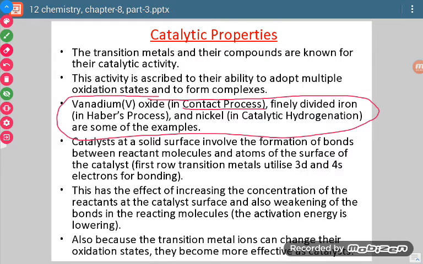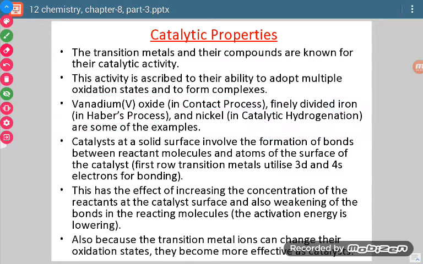In the Haber process, we are using iron. In catalytic hydrogenation, nickel is used. Similarly, there are so many reactions where we are using the transition metals. Now the question comes, why do they behave as catalysts?